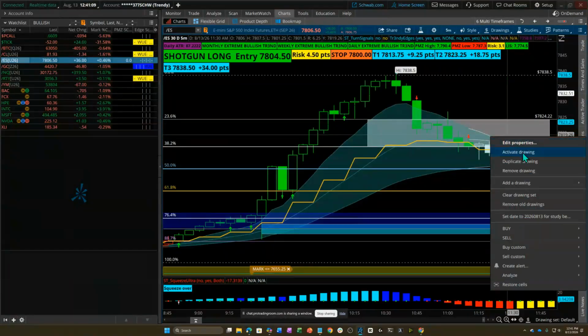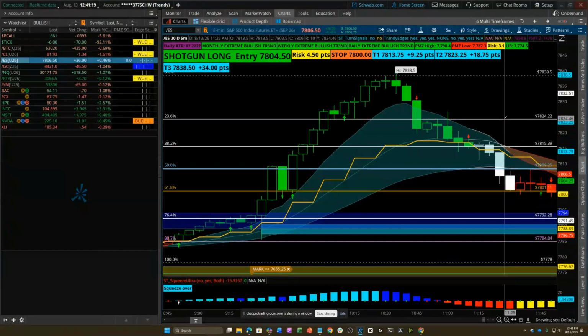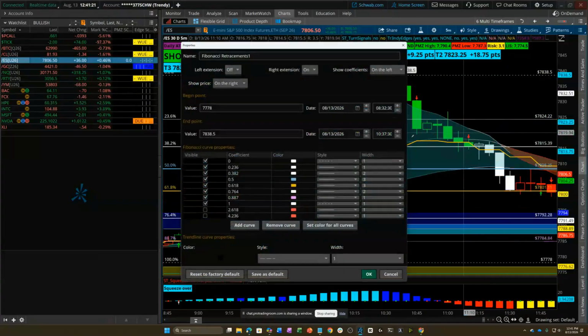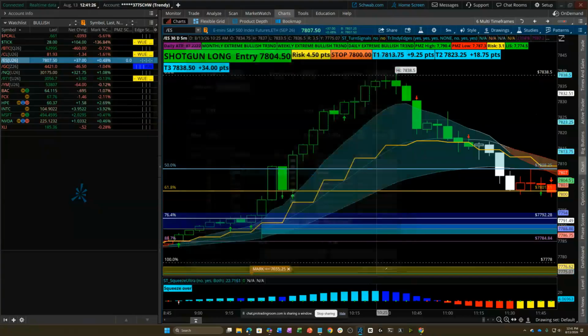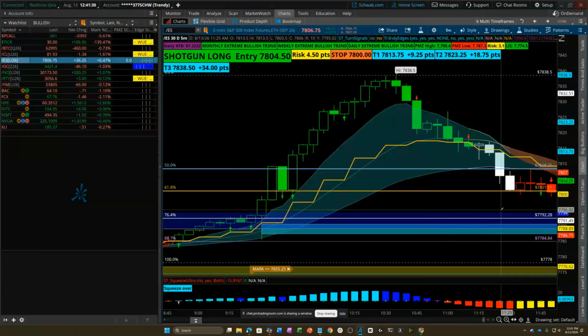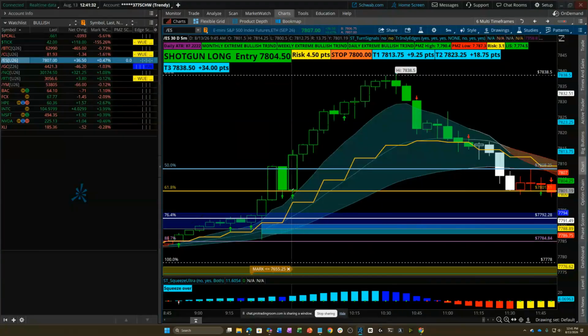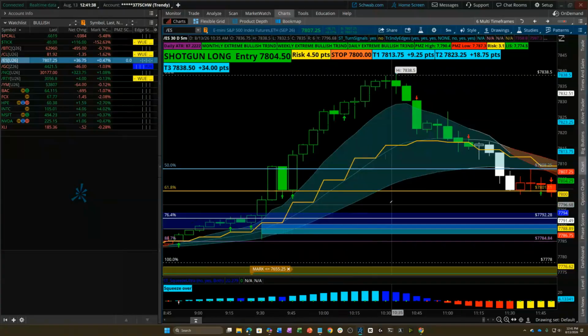That's when, for me, I say, oopsie daisy, could be back to chop. That's when on my Fibonacci's, I remove the 23.6 and the 38.2. I leave the 50 and the 618 on. Notice the confluence of the 618, by the way. That's a pretty good confluence there.